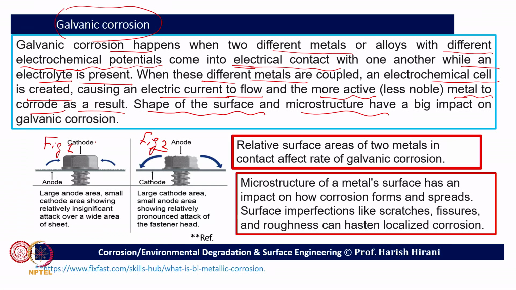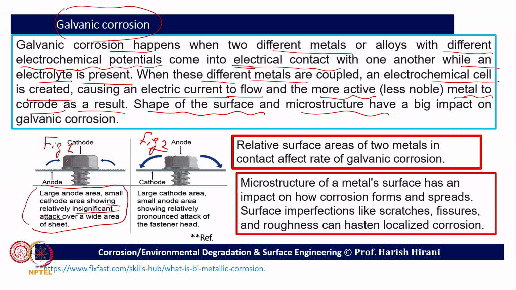Here, whatever is the cathode we make anode, and here whatever anode we make cathode. In this case, a large anode and small cathode area shows relatively insignificant attack. That means a bigger anode compared to the cathode is preferable.